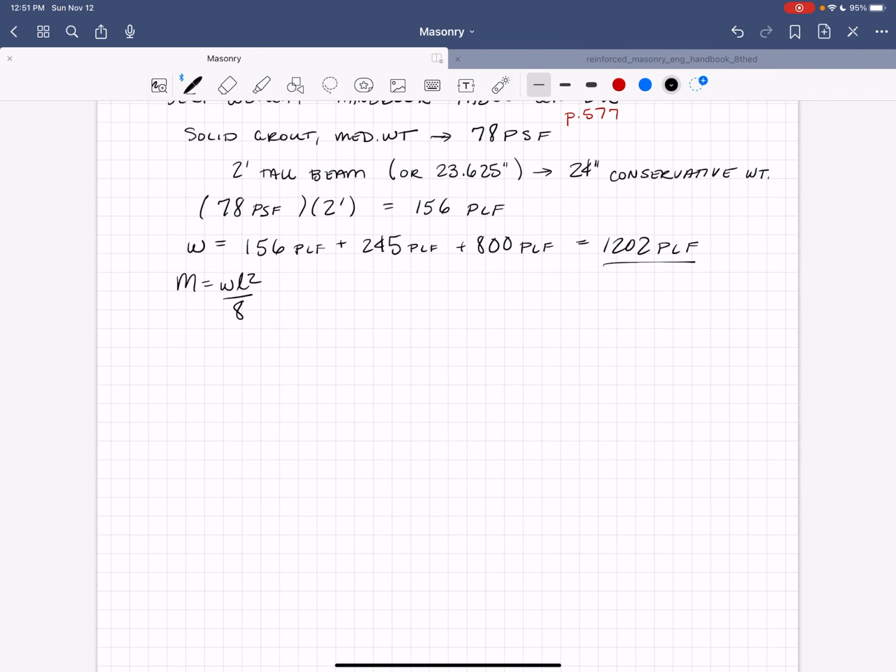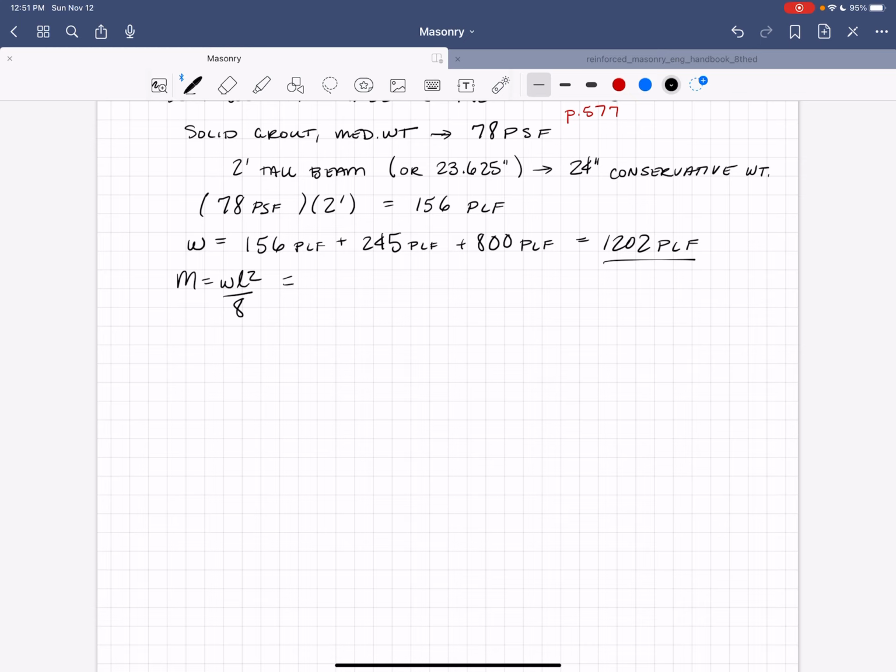So I'm going to go ahead and do that calculation. You know how to do all this stuff that I'm doing right now. 1202 pounds per linear foot, times 12 feet squared, divided by 8. And I'm going to come up with about 21,636 pound-feet.